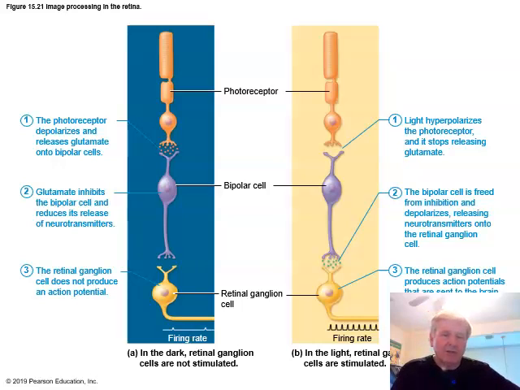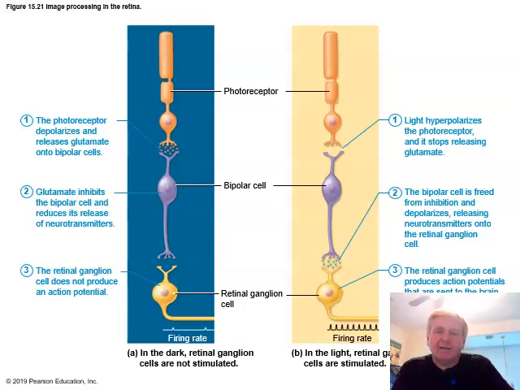In the dark, the retinal ganglion cells are not stimulated, because the retinal ganglion cell does not produce an action potential. The glutamate inhibits the bipolar cells and reduces their release of neurotransmitter. No neurotransmitter, you don't get an action potential. That occurs with depolarization and the release of glutamate.